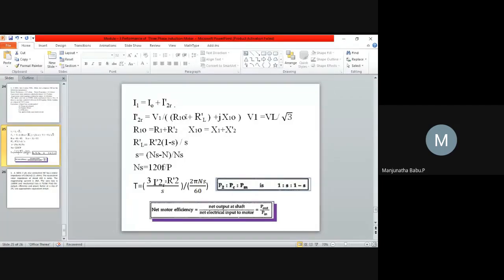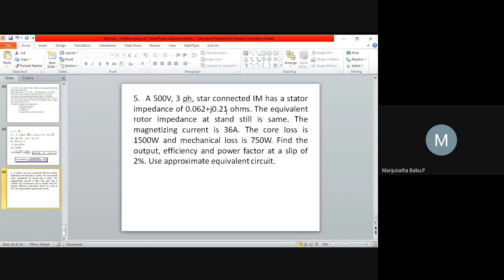Similarly, X1 naught will be equal to X1 plus X2 dash. X1 is given as 0.21 ohms, add the same 0.21 ohms, which will be equal to 0.42 ohms.